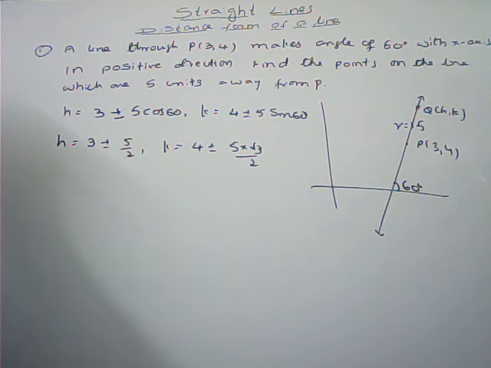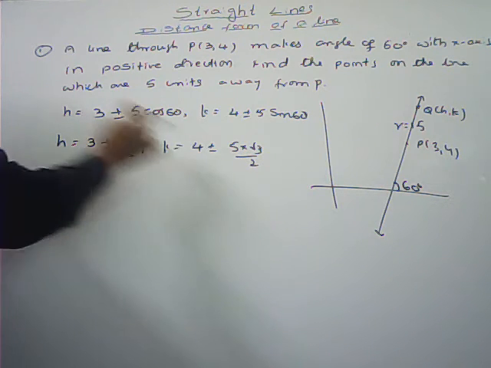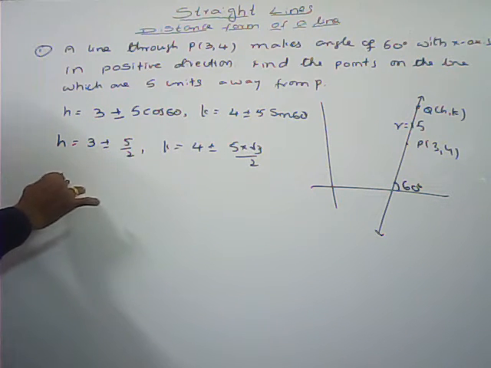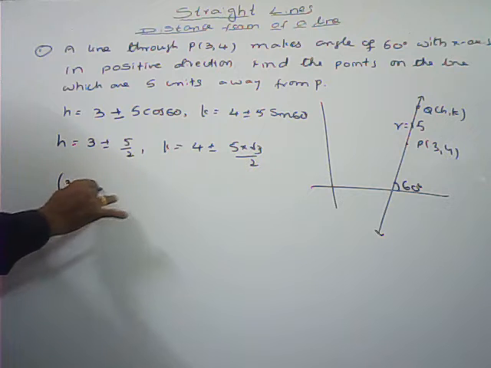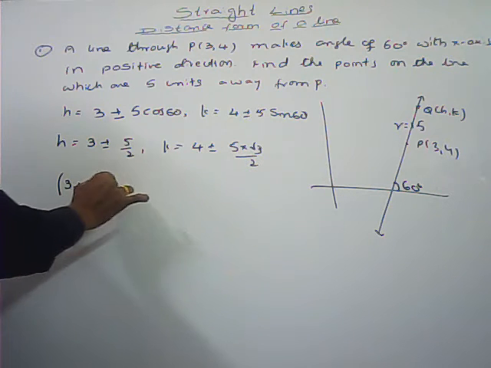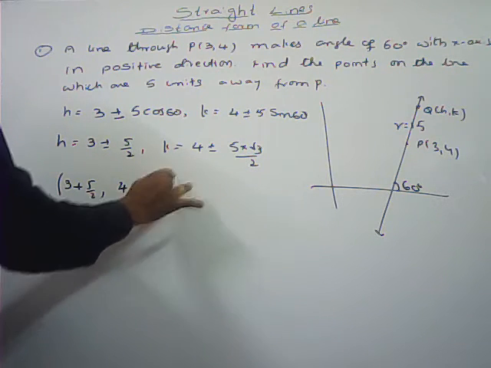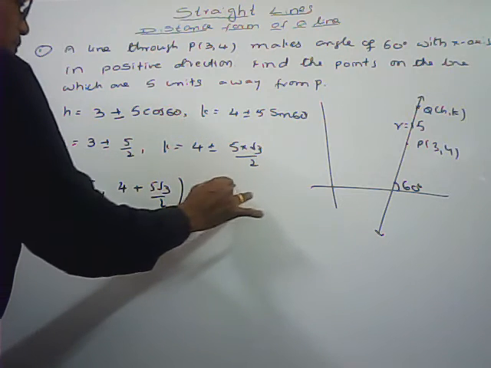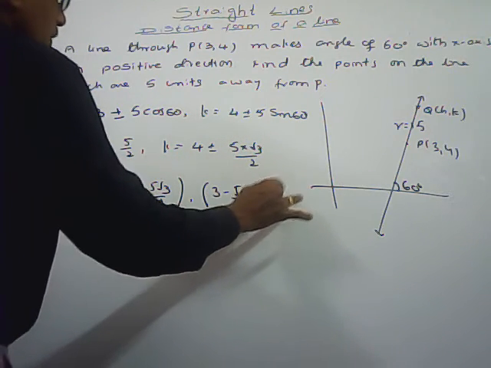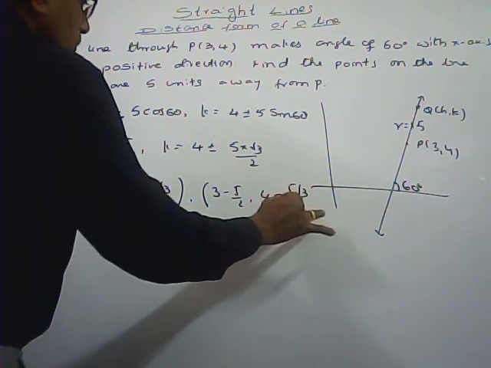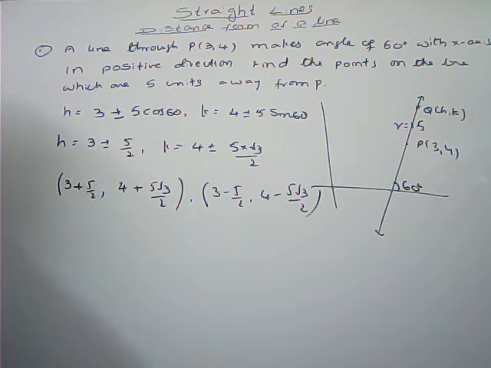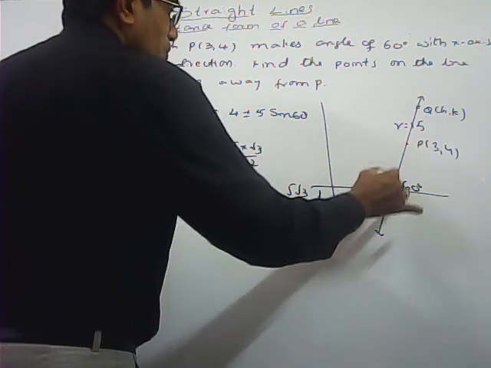So here if I take plus, that side also you can take plus. Here 3 plus 5 by 2, I am taking plus. This side also you can take plus, 4 plus 5 root 3 by 2. This side if I take minus, 3 minus 5 by 2, this side also you can take minus. So 2 points are there at a distance 5 units in the same straight line.